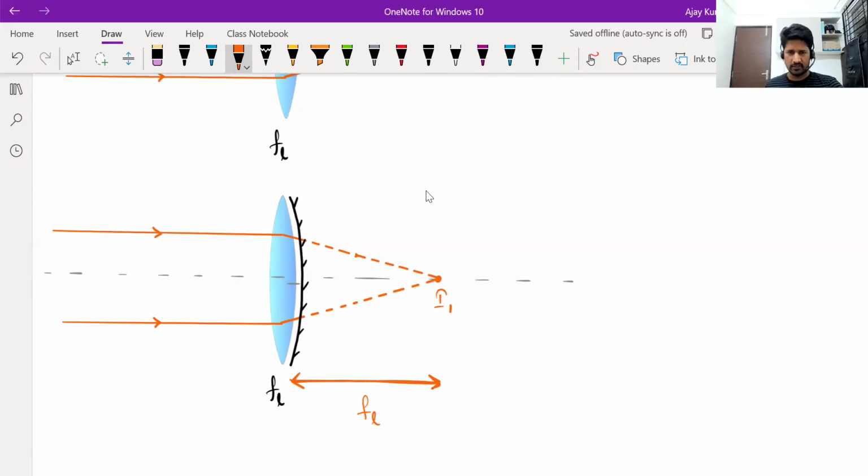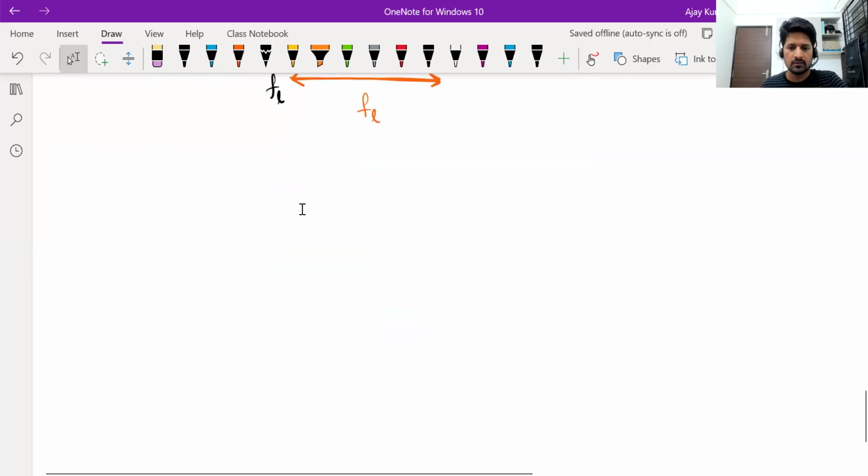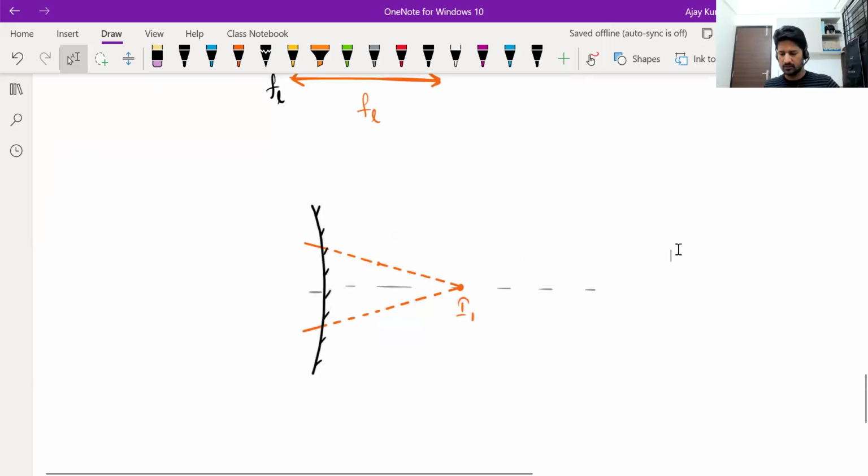Virtual object, let it be. Apply the mirror formula now to find out where the mirror forms an image. Let's consider only the mirror image formation now. So this is what is happening. Rays are incident on the mirror as if they are going to converge at I1.